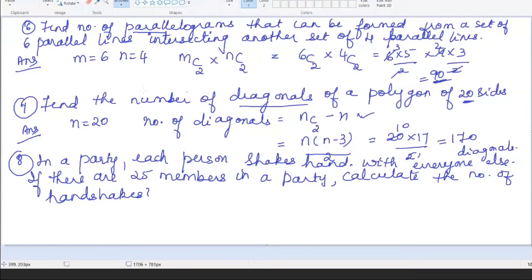Quickly complete. For a handshake, 2 hands are required. So 25 people are there, 25C2. That is equal to 25 into 24 divided by 2. 2 ones are 2, 12. So therefore, 300 handshakes.